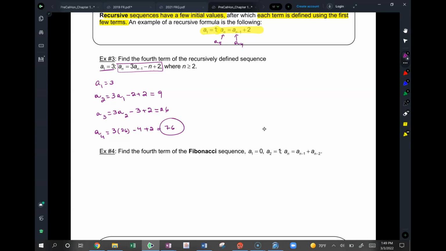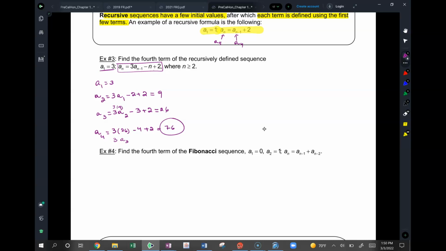Okay, so do you see how you couldn't have found A4 before you found the other ones? Yeah. How did you get 26? So it would have been 3 times A3, right? Because it's A sub n minus 1. No, for the one above. Okay, so 3 times A sub 2, so that's 3 times 9, because it's the term before. So you multiply. 27, minus 3 is 24, plus 2 is 26.